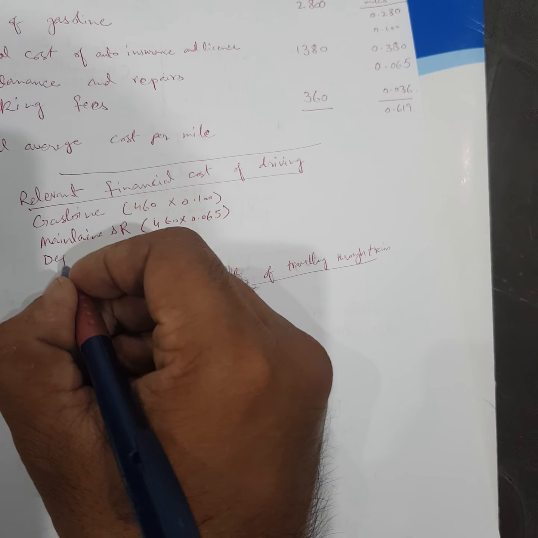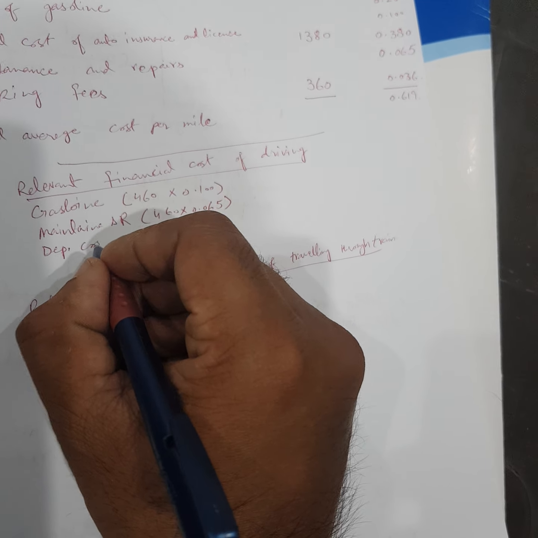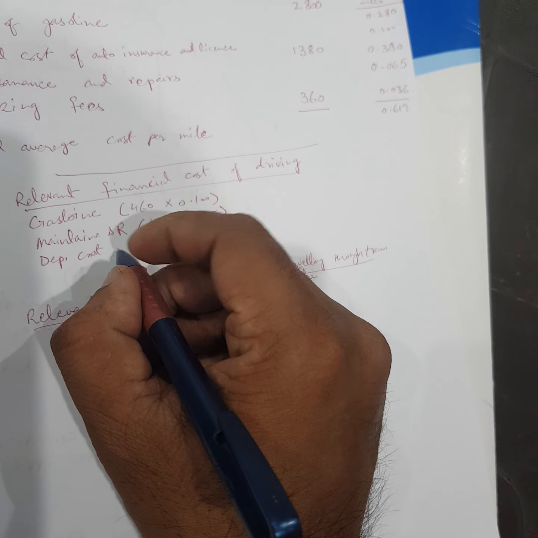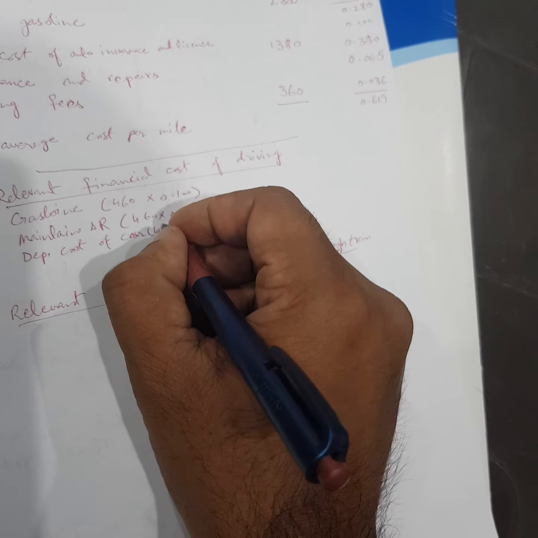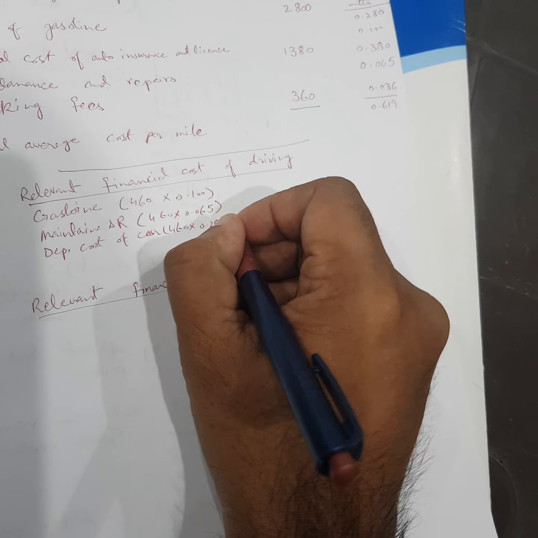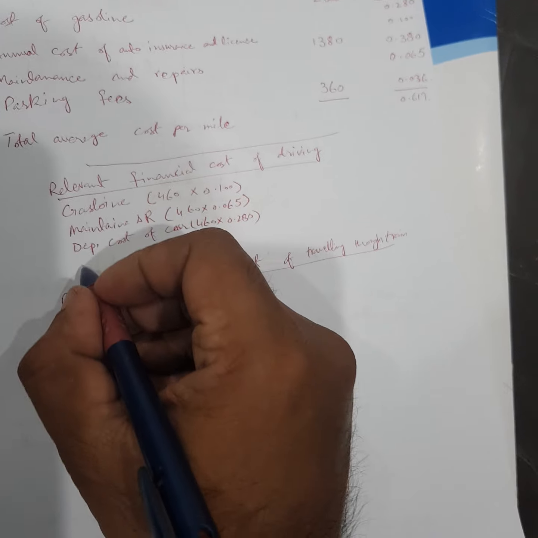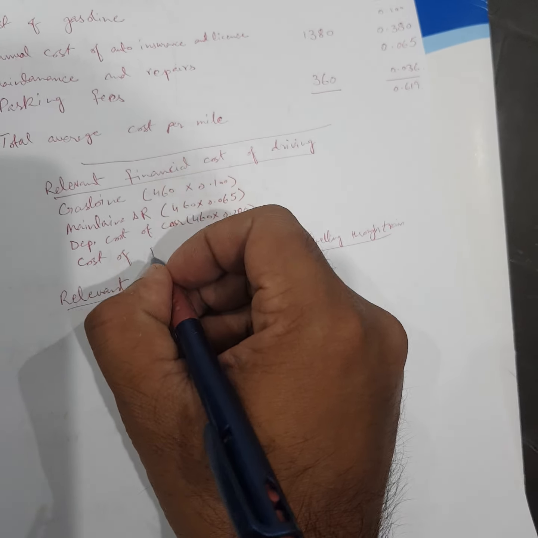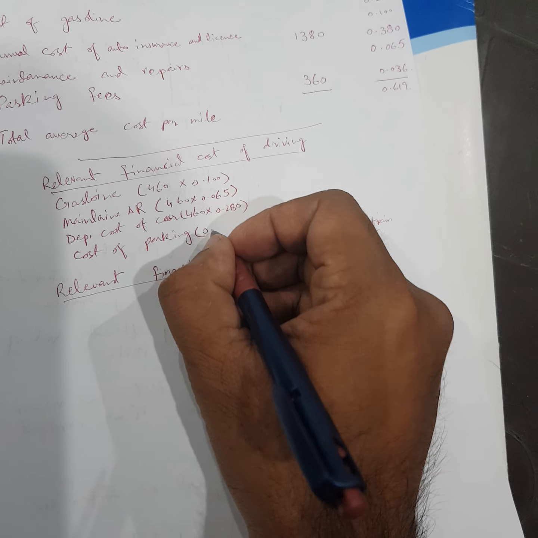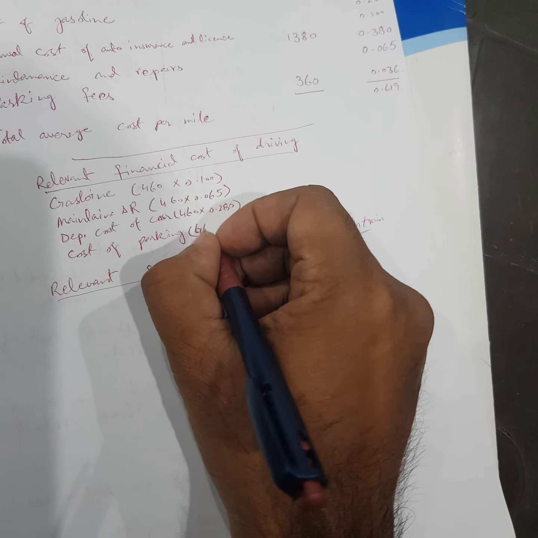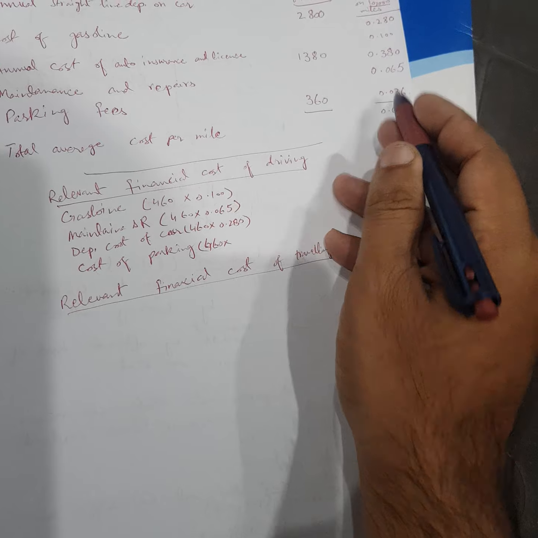The depreciation cost of car will be 460 multiplied by 0.280, and cost of parking will be 460 multiplied by 0.036.